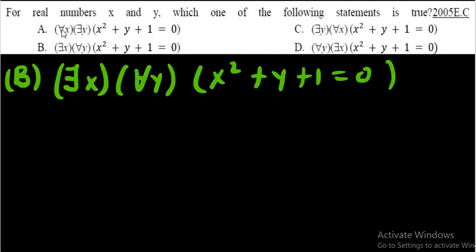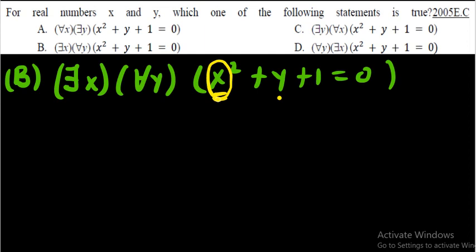Choice B says there exists x for all y, x squared plus y plus 1 is equal to 0. What does this mean? You can find a real number x here. You can fix a real number such that the square of this number, added with every y plus 1, will always give you 0. You cannot find a fixed real number.